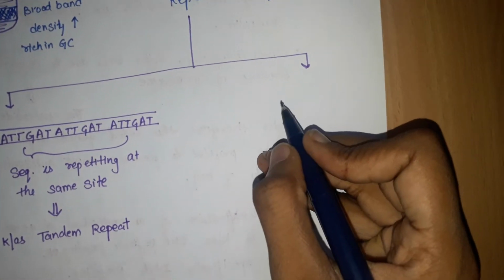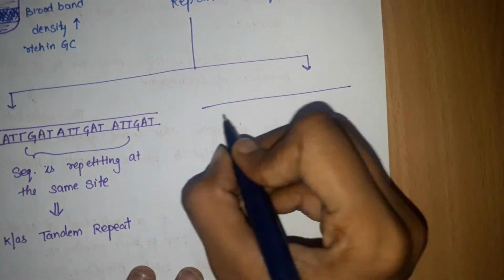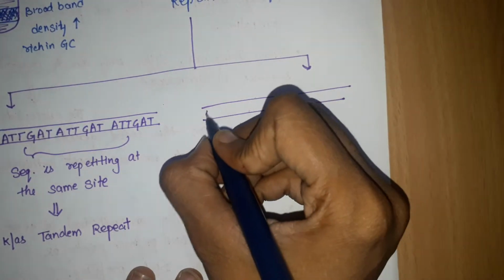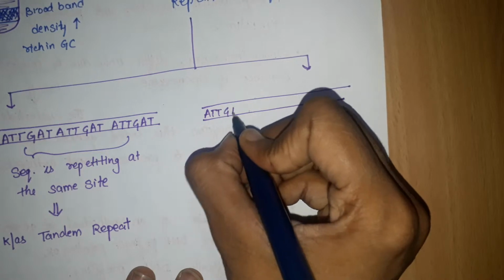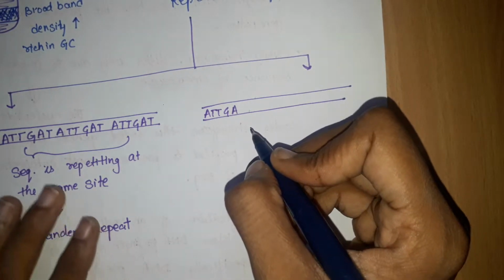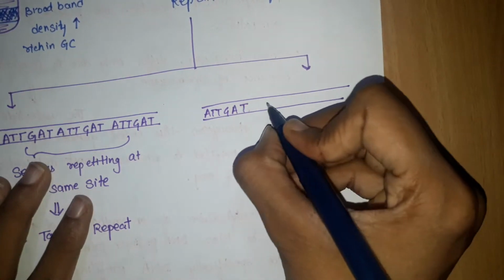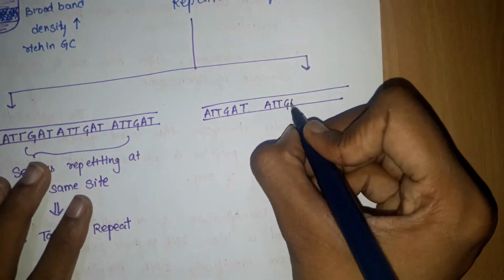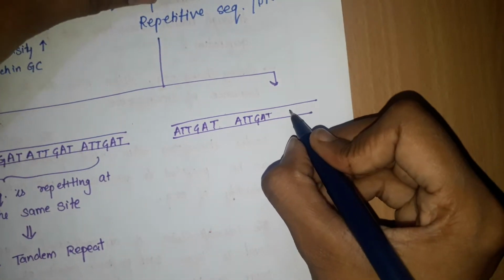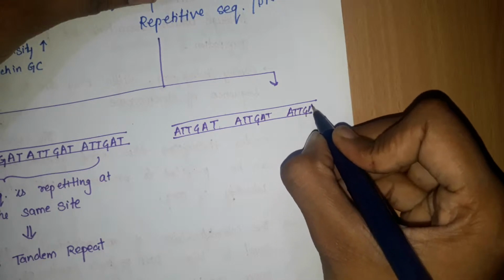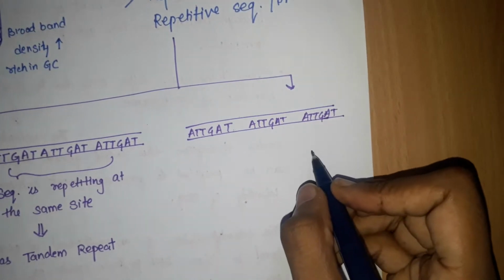Okay, the next type is like A, T, T, G, A. This sequence is present.